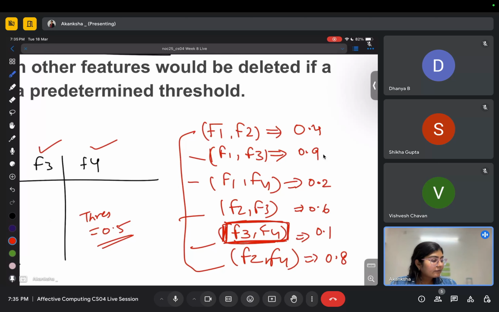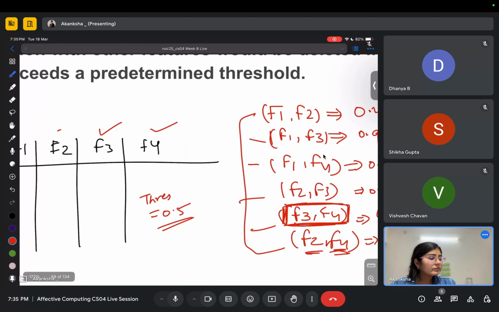Then if f2 and f4 are having so much high correlation, that means we can skip one feature out of this, and let's say I'm keeping f4, so f2 I will discard, I won't use it.